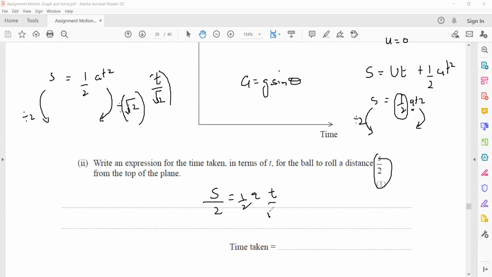If time becomes t by square root of 2, squared, it will become half a t square by 2, because the square root of 2 cancels with the square. So you can see the whole fraction will become half. So what should the time taken be? It will be t, the total time, divided by square root of 2. Is it clear?